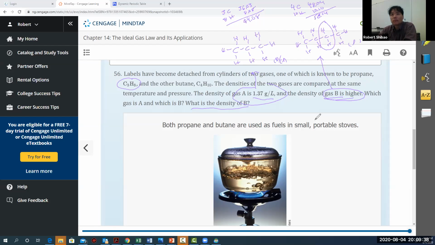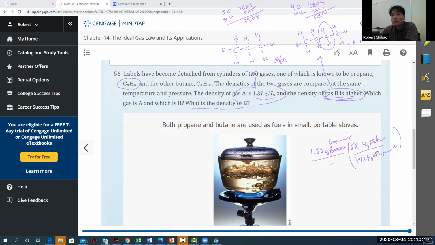grams per mole. And so what we have here is we just use dimensional analysis: 1.37 grams of butane per liter. And then all we're going to do is a gram to gram ratio, so we're going to say we're going to have 58.14 grams of, oh, actually this is propane. 58.14 grams of butane for every 44.08 grams of propane.